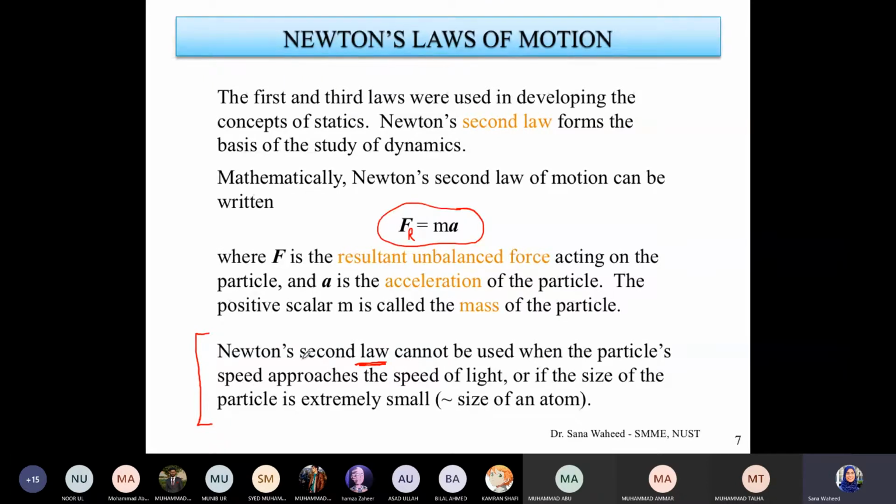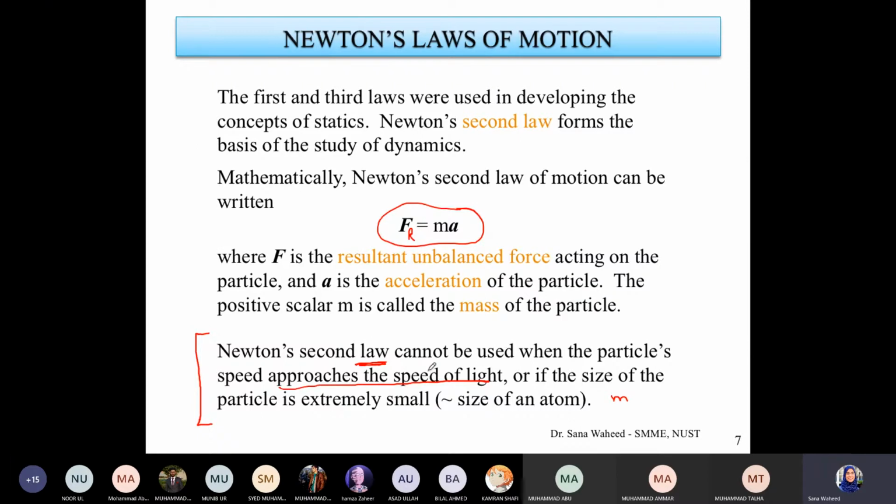So Newton's law is only applicable when something has a velocity or a speed which is very small as compared to the speed of light. So when something starts to approach the speed of light, then Newton's laws start to break down. And also, if the size of the particle is very small, that is, m is extremely small, then also Newton's laws start to break down.